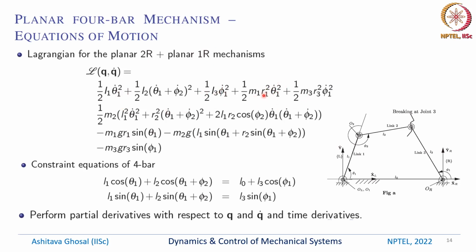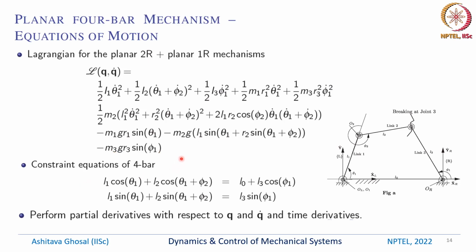And then we have, of course, M1 R1 theta 1 dot square, and M3 R3 phi 1 dot square. This is coming from that 1R chain. And then M1 and M2 are coming from the planar 2R chain. The gravity terms are coming from the 2R chain, M1 and M2, and M3 is from the last chain, the 1R chain.